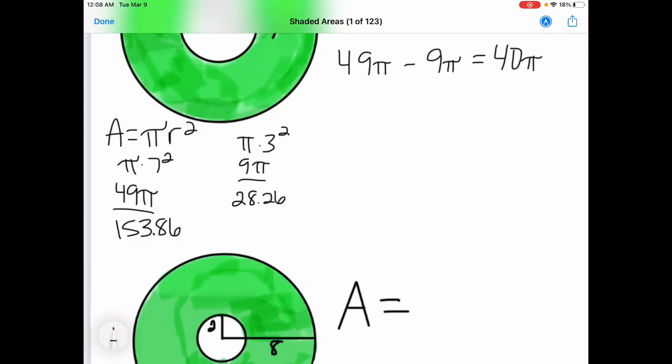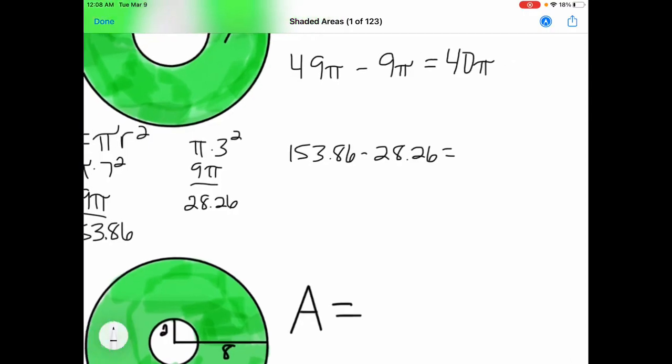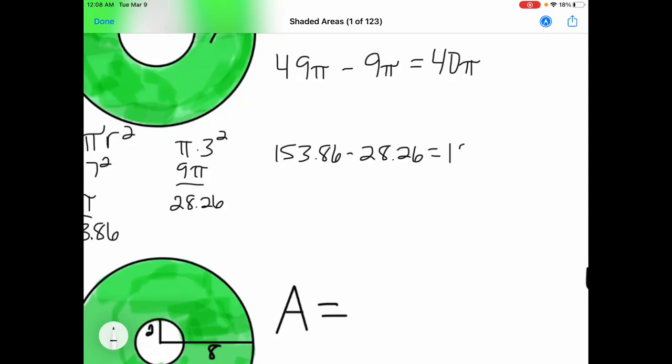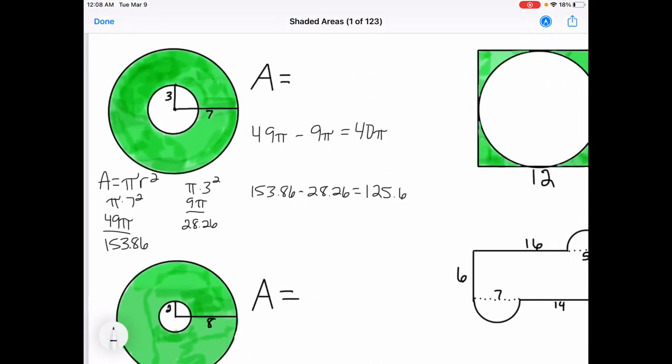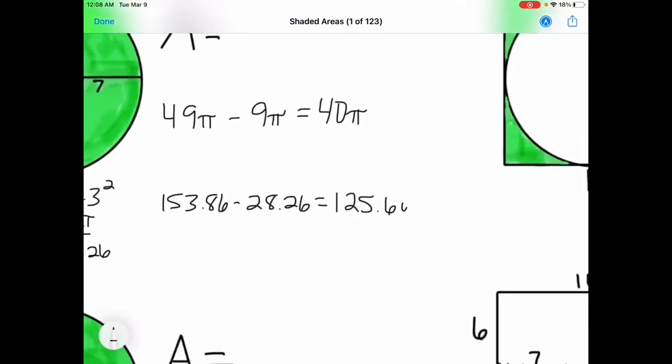So then I could subtract those. 153.86 minus 28.26 gives me 125.6. So that means that the area of the shaded part should be 125.6 square units.